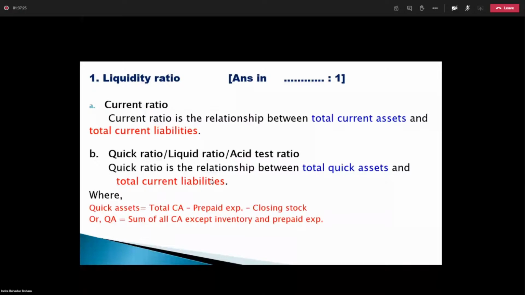In this way, we calculate the quick assets. That means quick assets include cash plus debtors plus accounts receivable plus bills receivable plus bank plus accrued income, marketable securities, not inventory and prepaid.